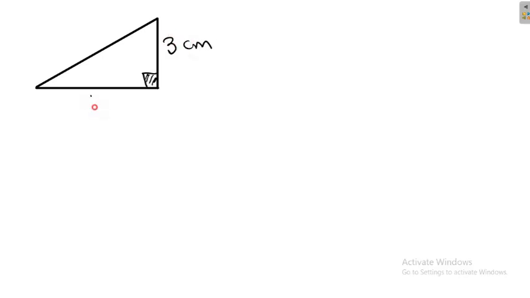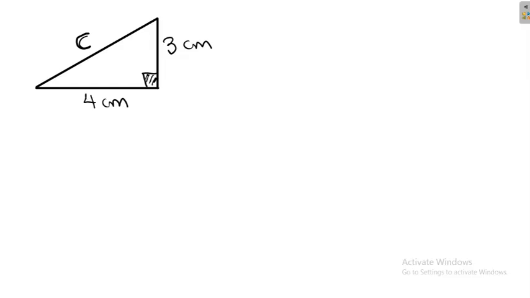If you have a right angle triangle, and this side is 3 centimeters, this side is 4 centimeters, and this side is called C. Ask yourself, is C the biggest side or the smallest side?